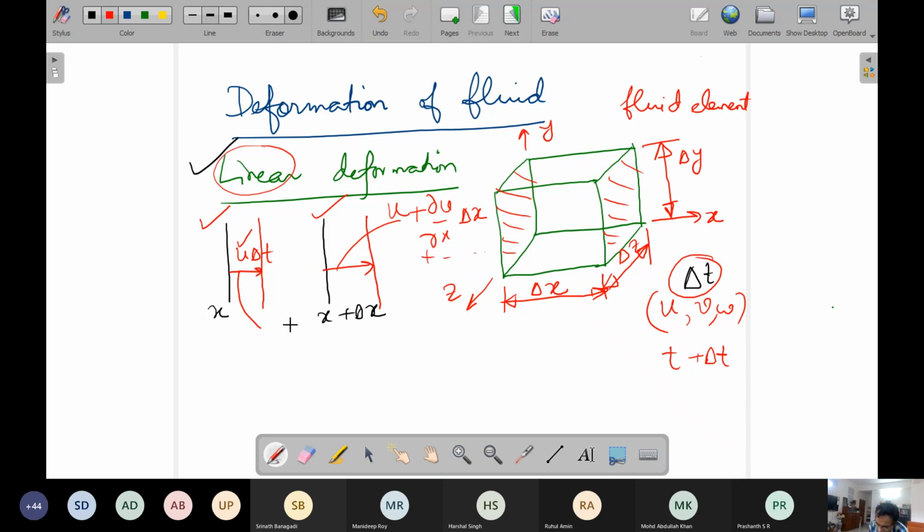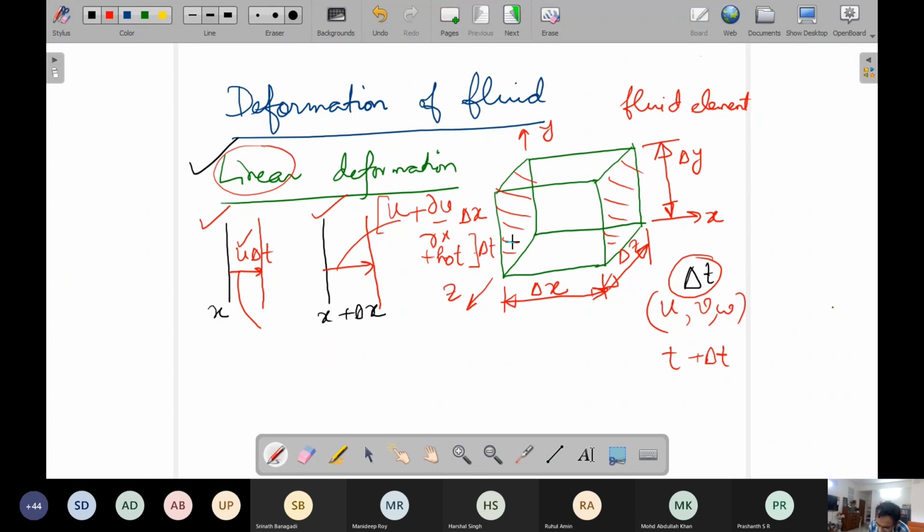Remember that the only change from here to here is a function of x. So it is not changing y, although u is a function of y, z, etc. But the derivative with respect to x is mattering so far as whatever is happening along x is concerned. So that is why in the Taylor series expansion we write the higher order terms as HOT. So this is the u at this location times delta t.